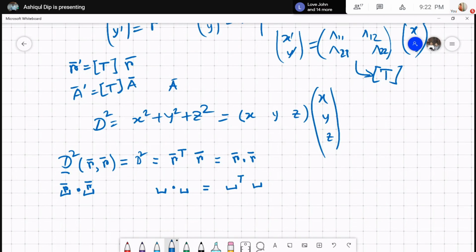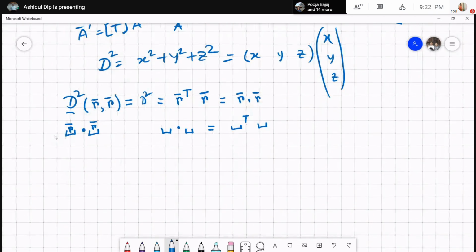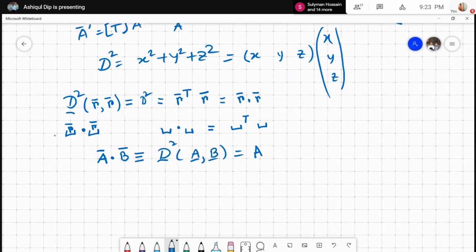For any two vectors, because you have two slots, you can take two vectors, and the dot product is defined like this. It takes two things and produces that number, with one transposed and multiplied with the other.